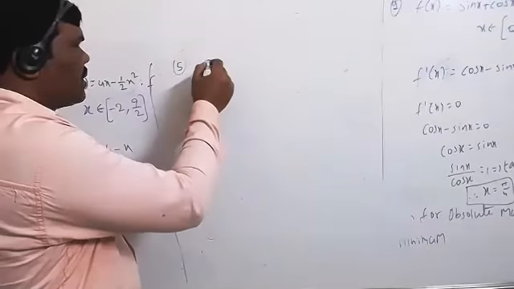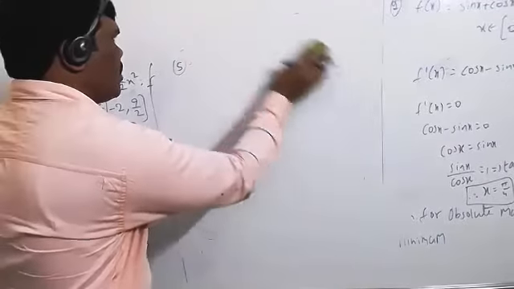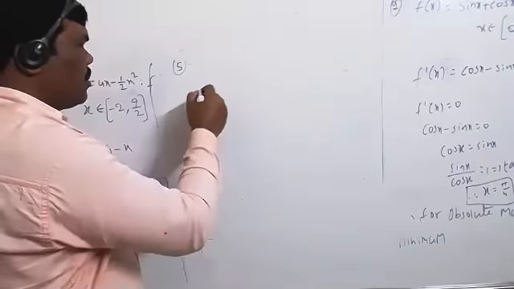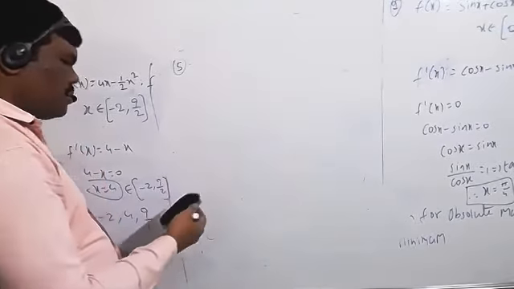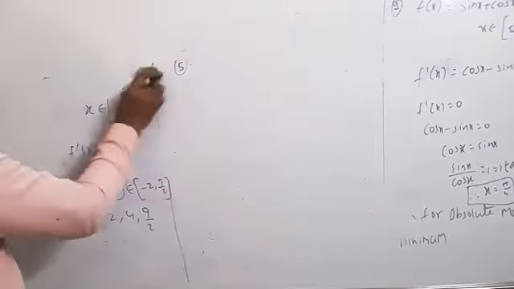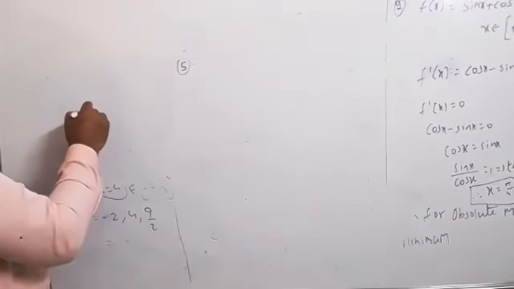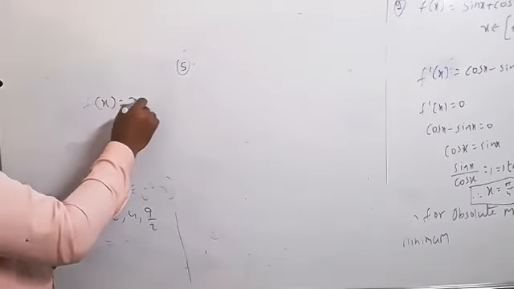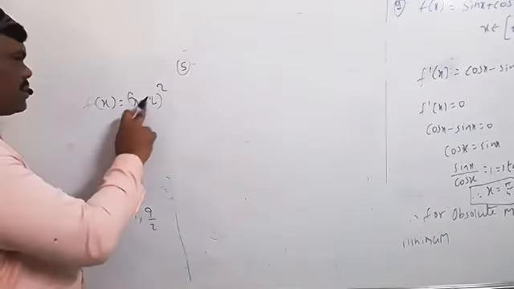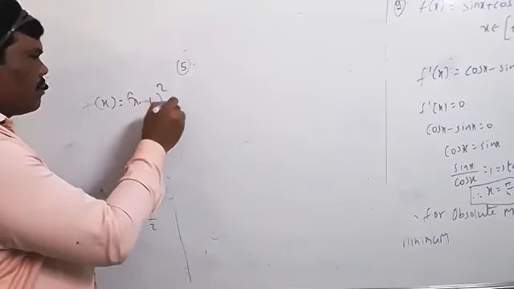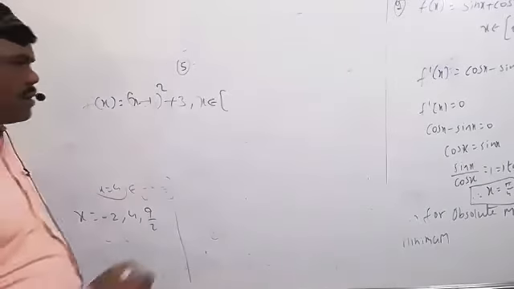Fifth one, f of x equal to x minus 1 whole square plus 3, where x belongs to minus 3 comma 1.